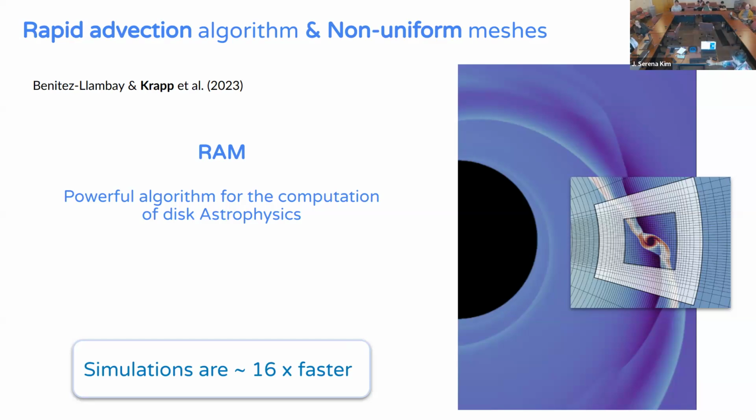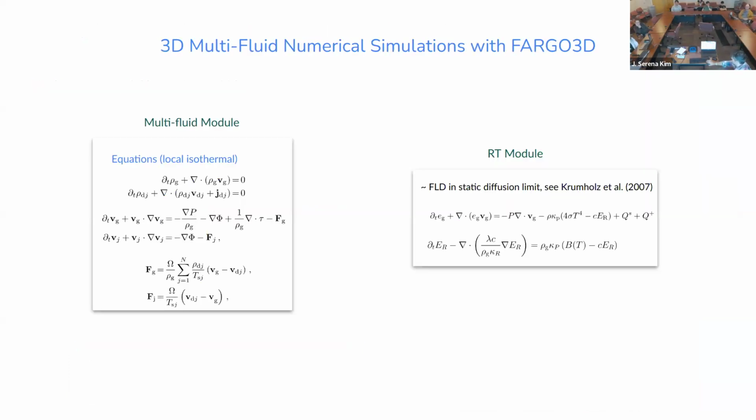So we developed these algorithms, they are out as well, and we couple all our algorithms with this system of equations. This is the multifluid model, hydrodynamics for gas and dust, where we take into account the momentum transfer between the different species. And the radiation hydrodynamics, in this case, is approximated by flux-limited diffusion. These are the equations for the gas energy and the radiation energy.